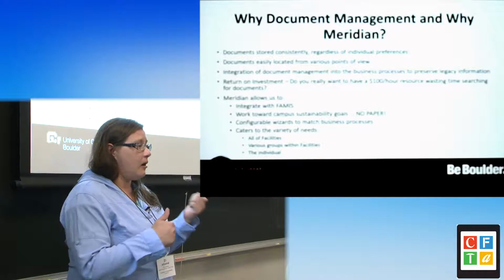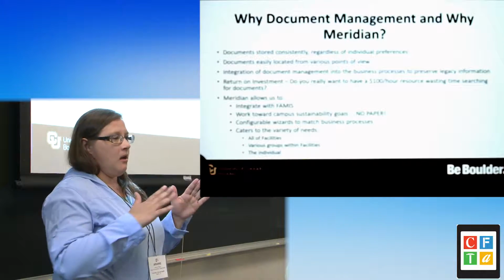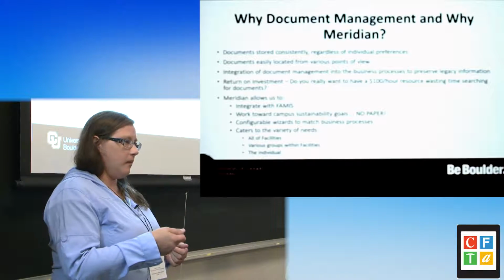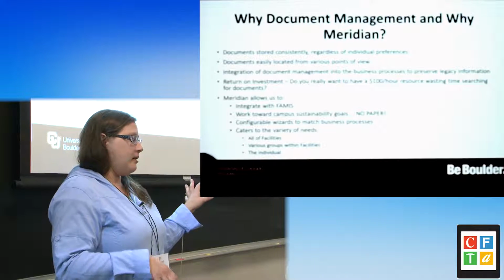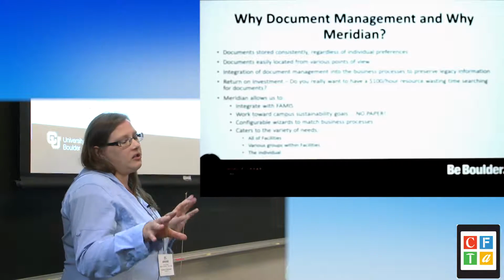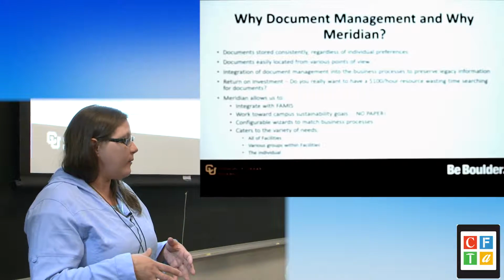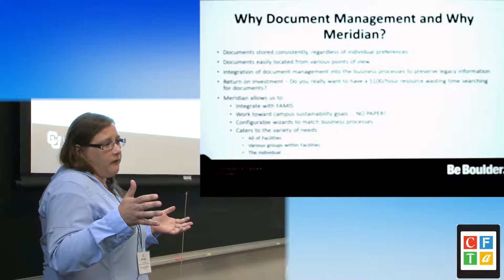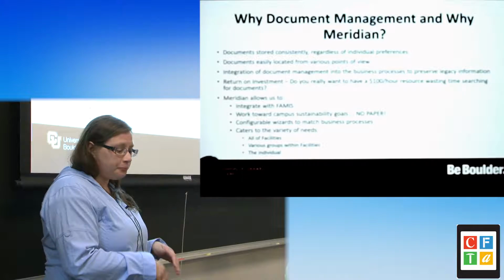Also, Meridian helped us cater to a variety of needs. All of facilities management can use Meridian, look at the documents in Meridian, pull information, whatever. Various groups within facilities, from our operations and maintenance side to our project management side, have data that's in one location. Also, it caters to the individual because the individual can find their stuff very easily using navigation views.